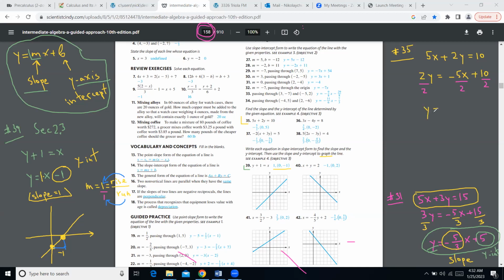So we got y, which is equal to negative 5/2 times x plus 5. And this will tell us right away what the slope is and what the y-axis intercept is. So here I have slope, which is negative 5/2. That's the start, right?